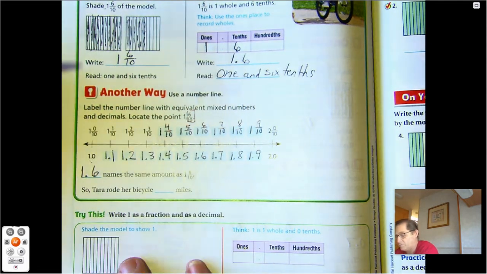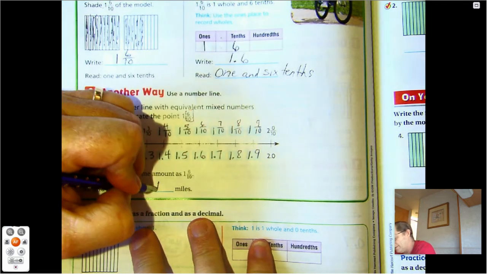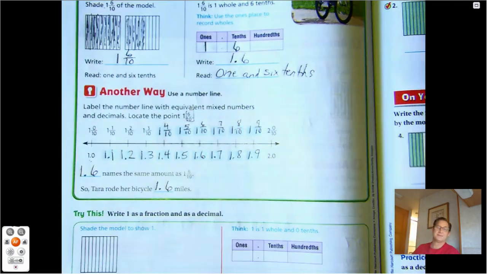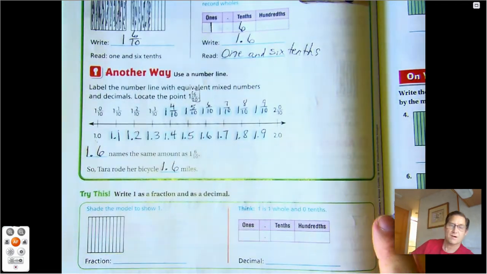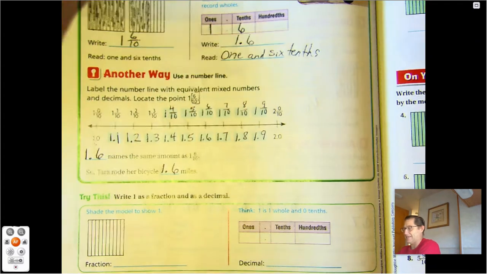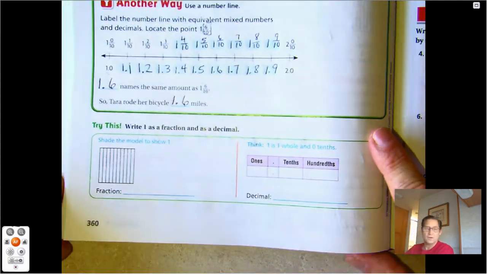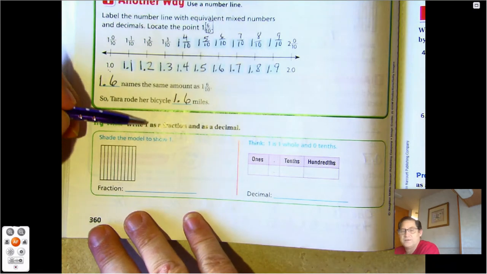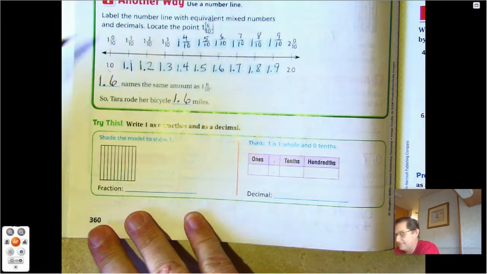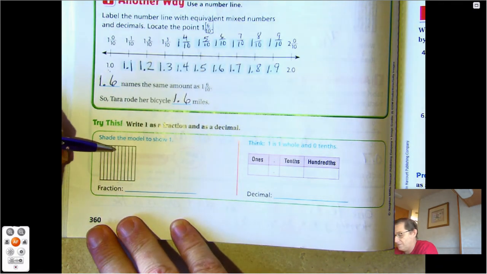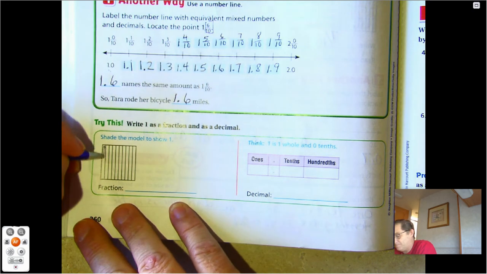So Tara rode her bicycle 1 and 6/10 miles. All right, write 1 as a fraction and as a decimal. So 1, we know that the numerator and the denominator are exactly the same. So we have 2, 4, 6, 8, 10 pieces.